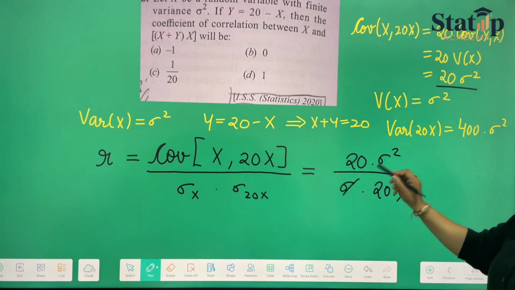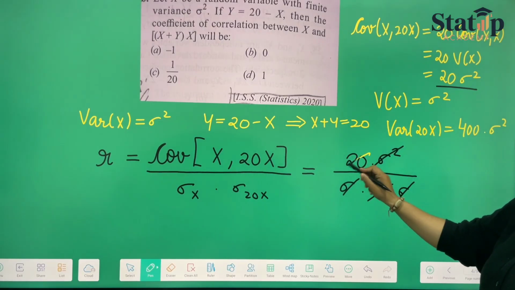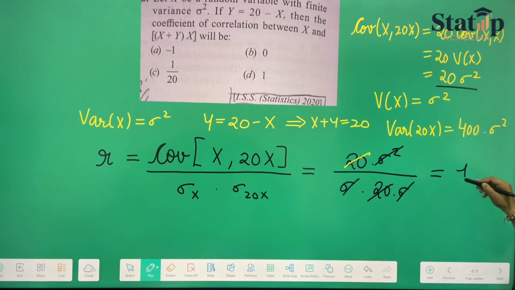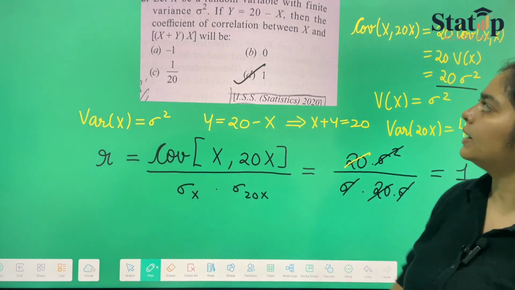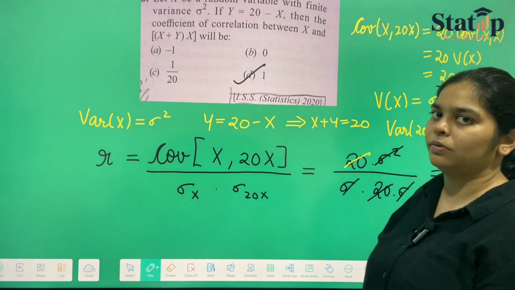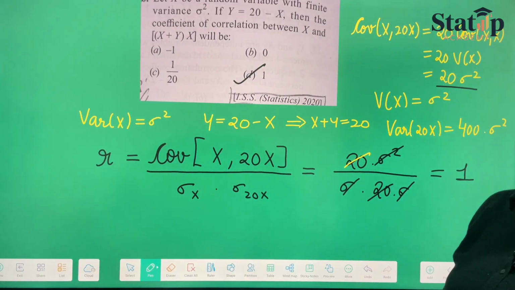So sigma gets cancelled with sigma, and 20 also gets cancelled. And what are we left with? We are left with 1. So option number D is the correct answer, which is 1, which is the correlation coefficient between x and (x plus y) into x. This is how we attempt the question. It was a direct application of the formula.